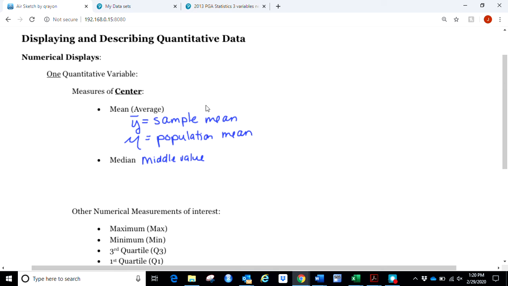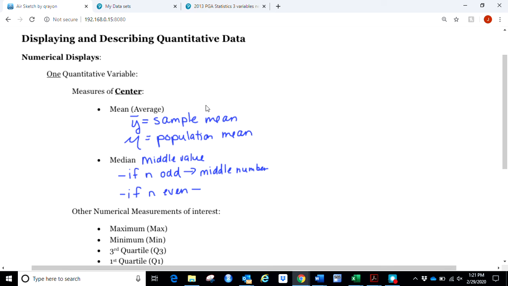Two different things could happen. One thing's going to happen if your sample size is odd, and another thing will happen if your sample size is even. If your sample size is odd, you will arrive at a single middle value. So the middle number in your ordered data set will be the median.